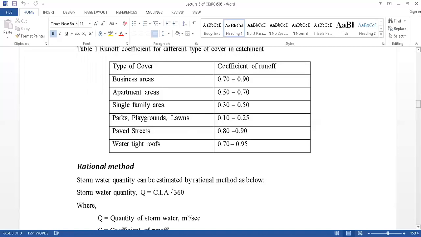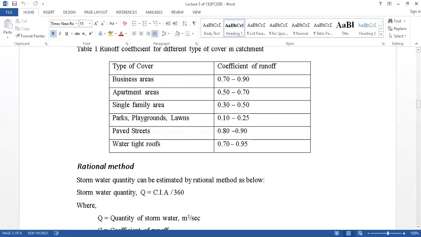Since they are watertight roofs, it is 0.7 to 0.95, again a high value of the runoff coefficient. So I have given you a guide to the coefficient of runoff area-wise, so that you can compute the total area surface runoff, which is required because without the surface runoff you can't compute the quantity of storm sewage.